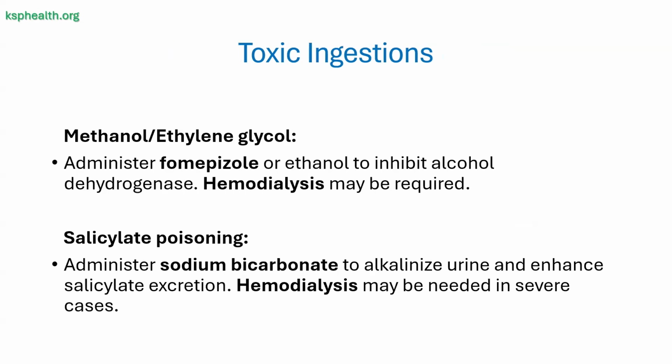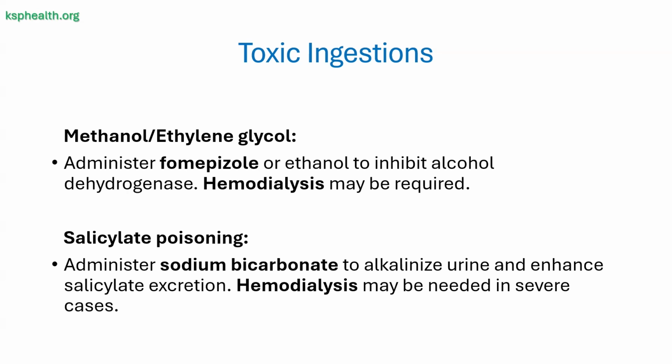Toxic ingestions, methanol and ethylene glycol. For these patients, identification is very important. Initially they will have an osmolar gap, and subsequently they develop high anion gap metabolic acidosis. They need to be treated with fomepizole if it is available, 15 milligram per kilogram bolus followed by 10 milligram per kg every 12 hours.